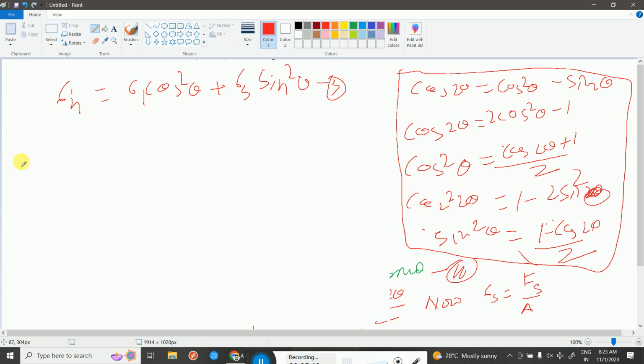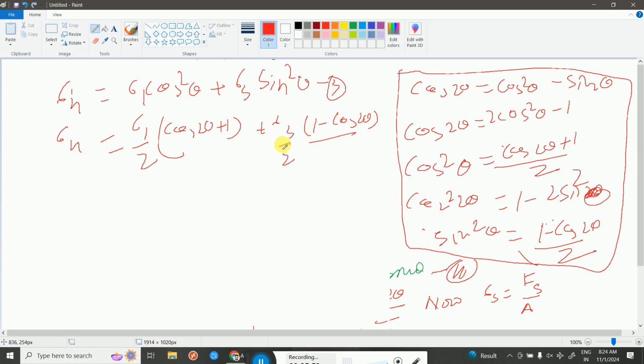Then sigma n is equal to sigma 1 by 2 cos 2 theta plus 1, because cos 2 theta is equal to cos square theta minus 1, and sigma 3 by 2, this one is the 1 minus cos 2 theta by 2 sigma 3.